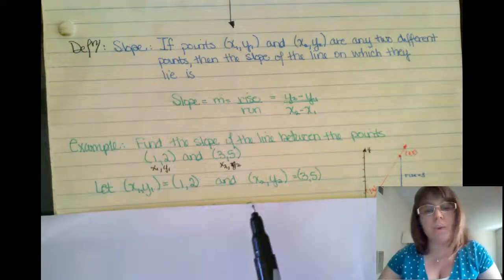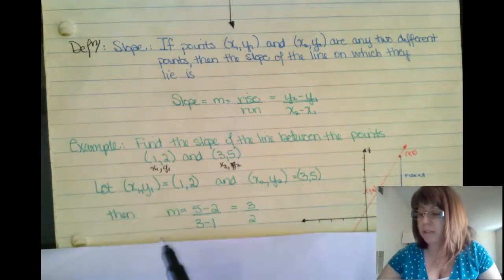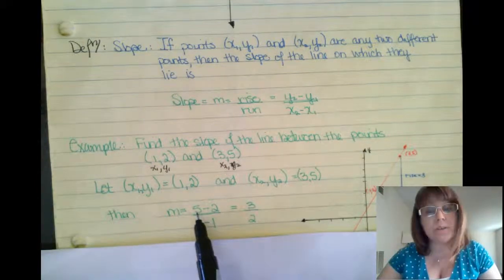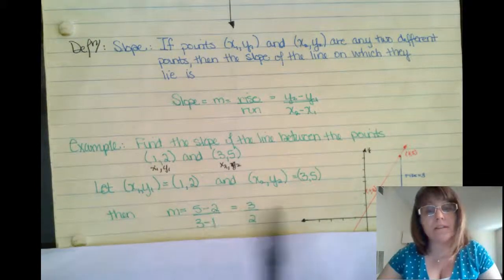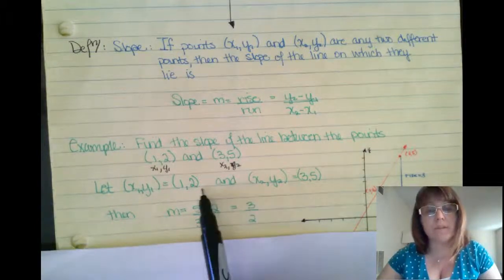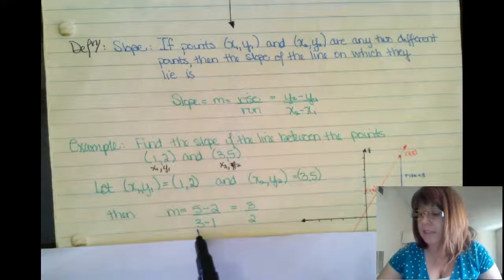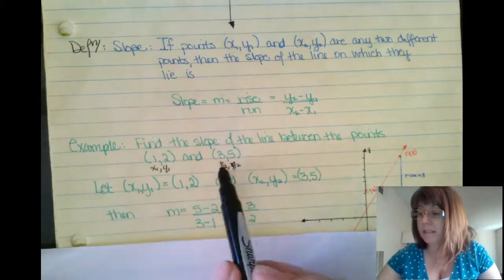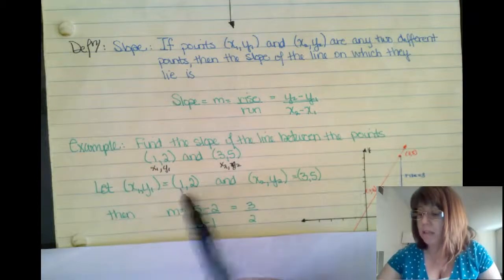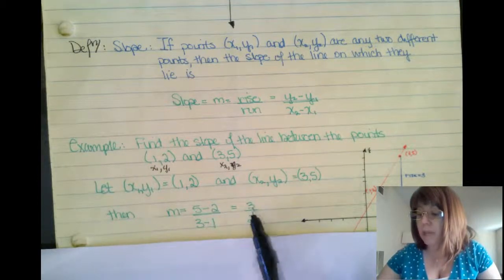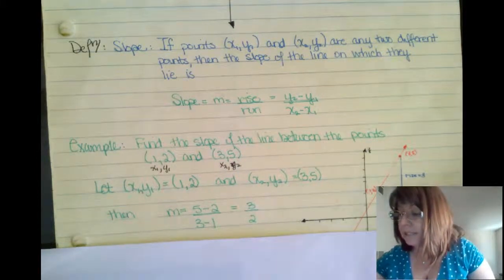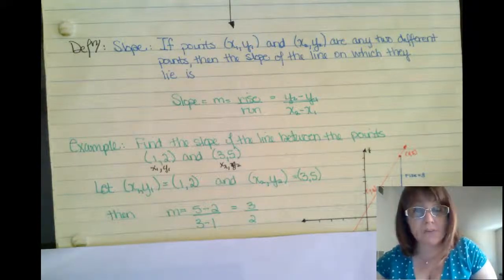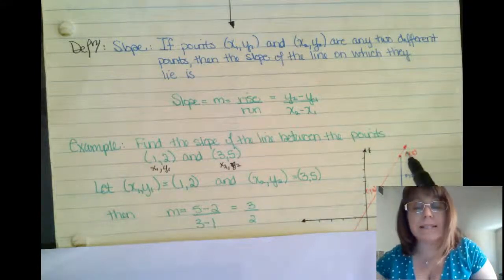We're going to use the 2 points to put into our formula where m is y2 minus y1, so 5 minus 2, all over x2 minus x1. x2 is 3, x1 is 1, so 5 minus 2 is 3, and 3 minus 1 is 2. So now my run, the way that I'm moving left and right, is 2, and my rise is 3.